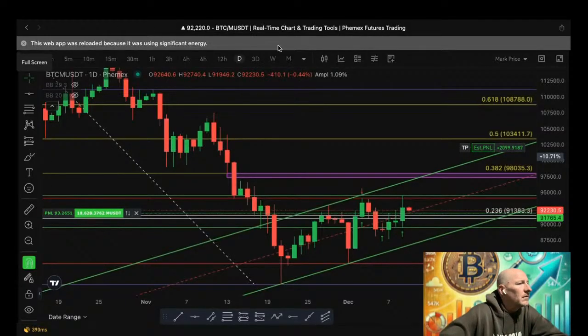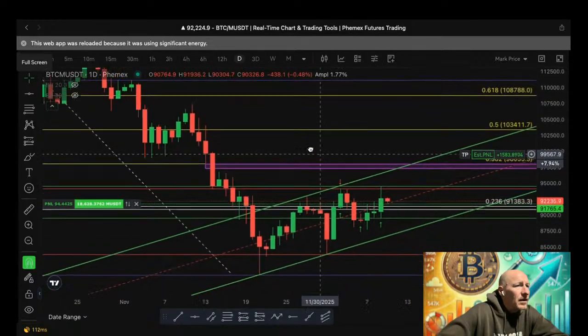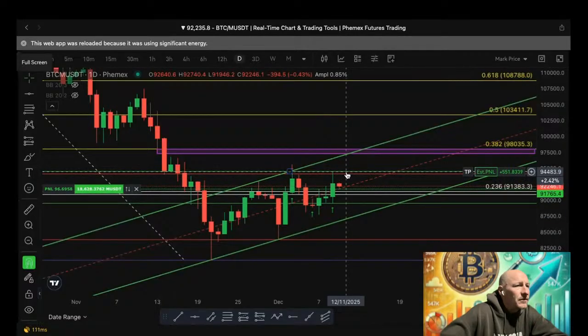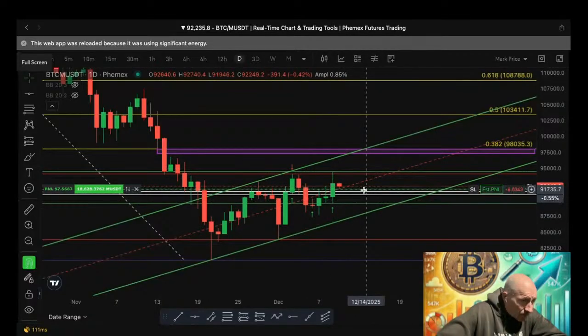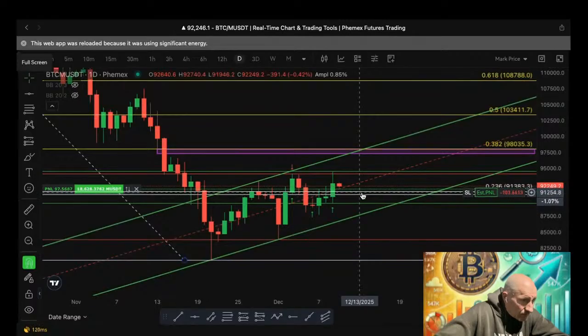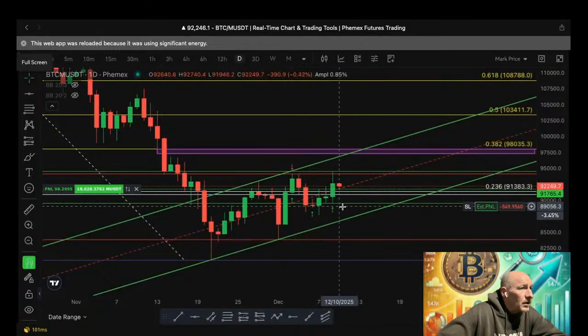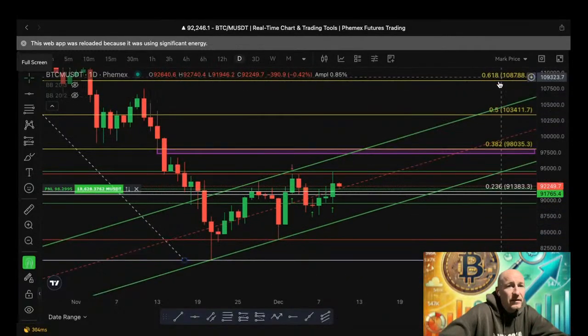So we got the low and the high of yesterday marked out. The white lines are also part of my Fibonacci.